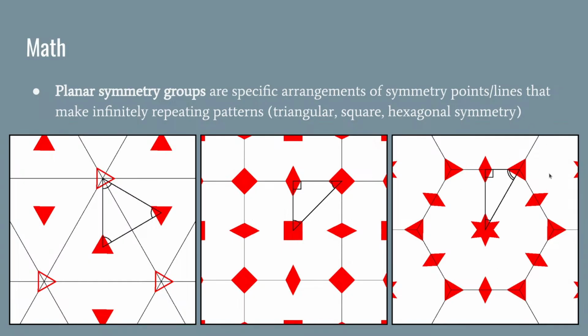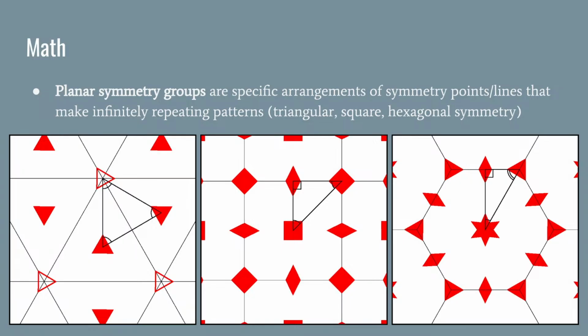And then things that repeat like a hexagon, where the symmetry points are the center of the hexagon. You see 6 of the same everywhere around you. The corner of the hexagon, you see 3 of the same everywhere around you. And the center of the edge of the hexagon, where you see 2 of the same on opposite sides.